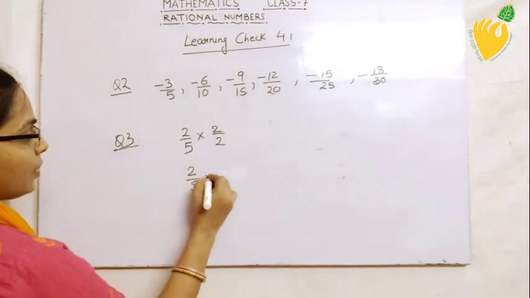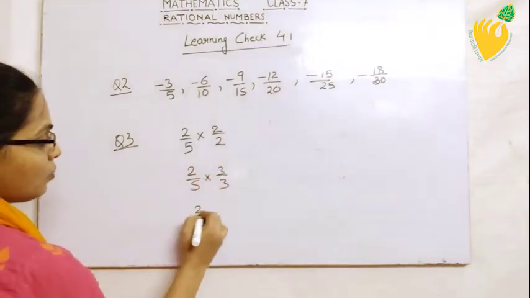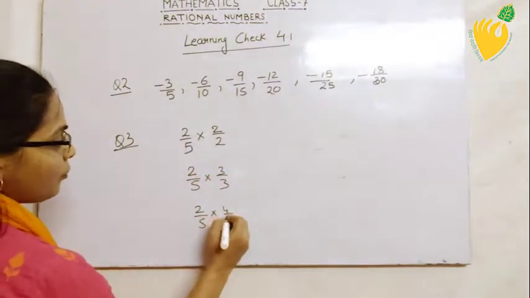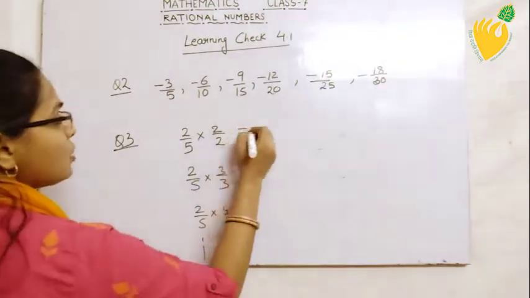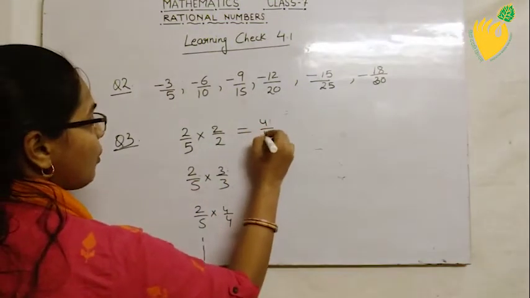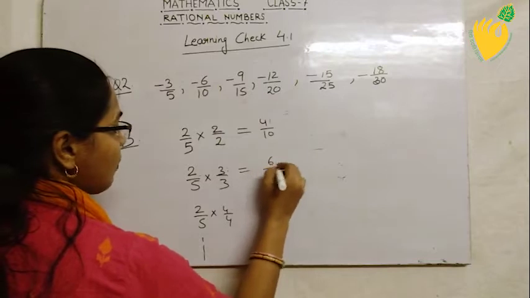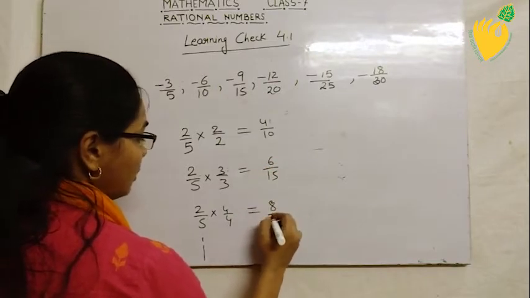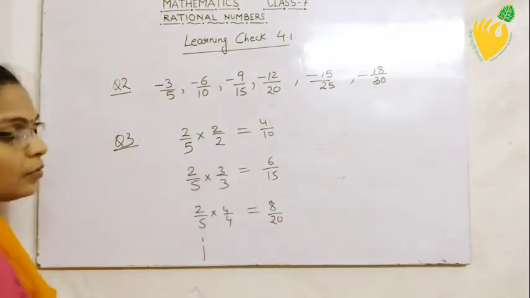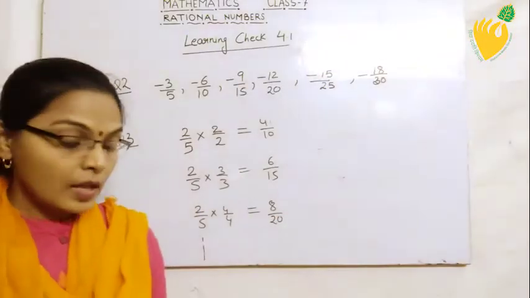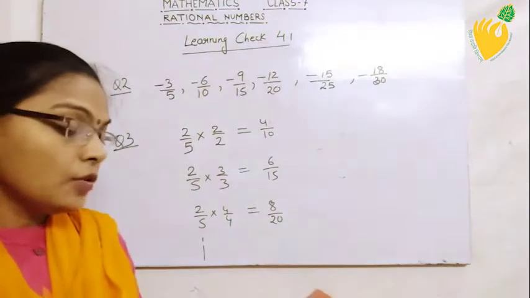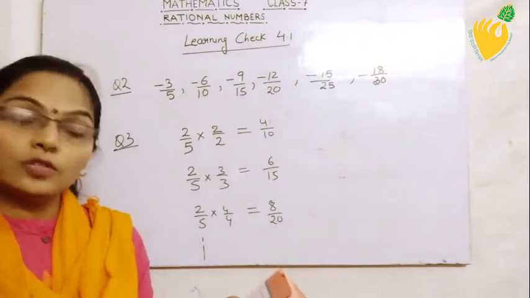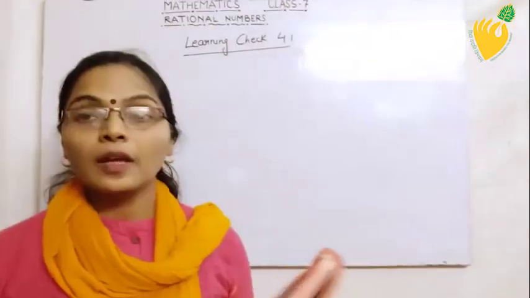Next one is 2 upon 5 into 3 upon 3. 2 upon 5 into 4 upon 4 and so on. So equivalent will be 4 upon 10, 6 upon 15 and 8 upon 20. Further you can find 2 more. So students, you can solve the other parts of this question.